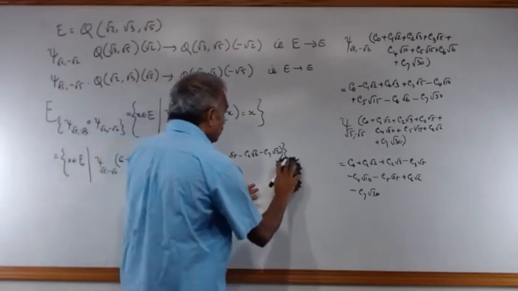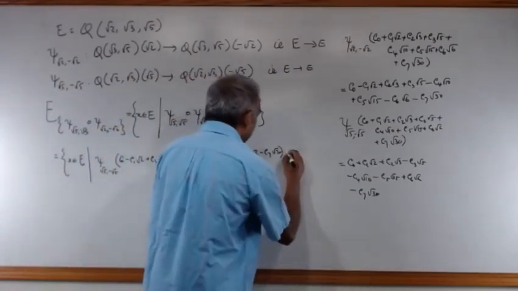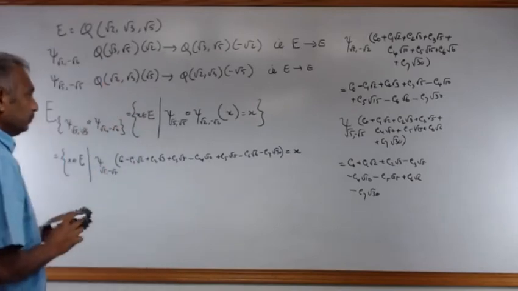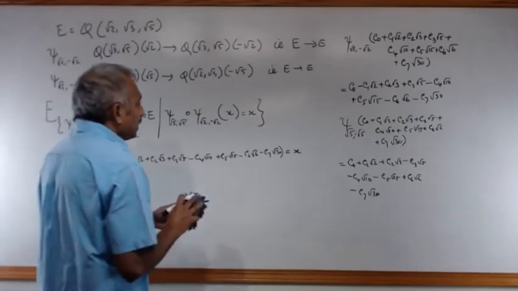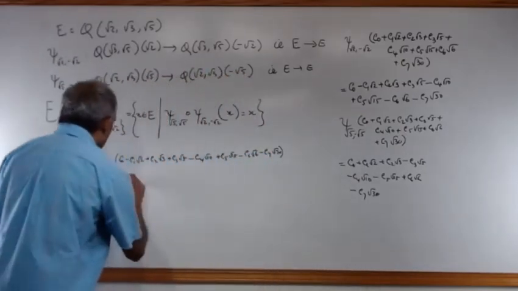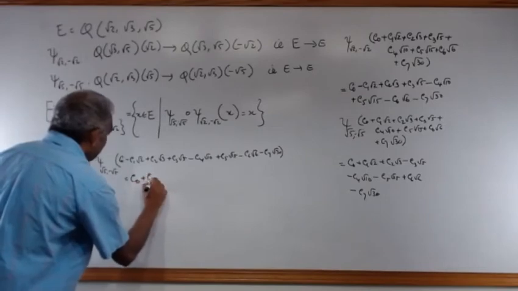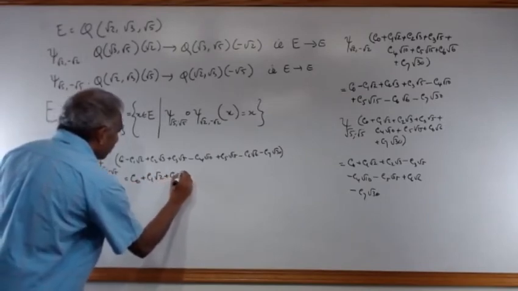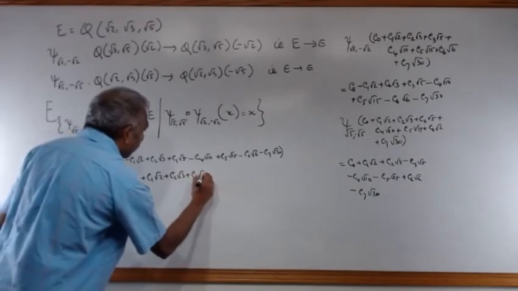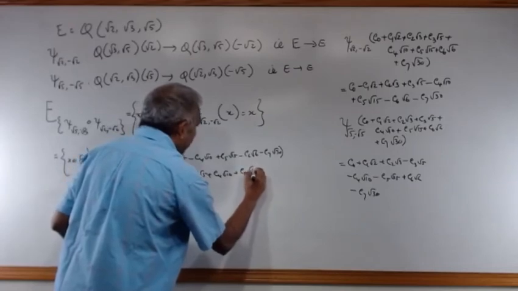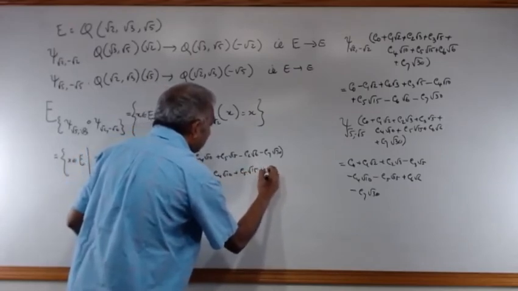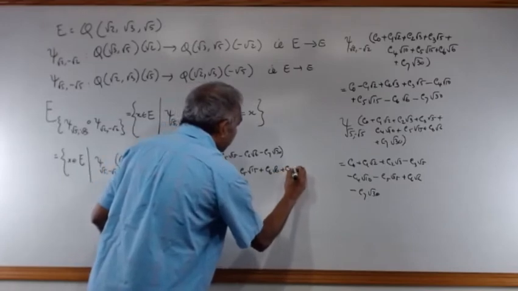That is equal to x. And that is equal to x means what? That is equal to c0 plus c1 root 2 plus c2 root 3 plus c3 root 5 plus c4 root 10 plus c5 root 15 plus c6 root 6 plus c7 root 30.